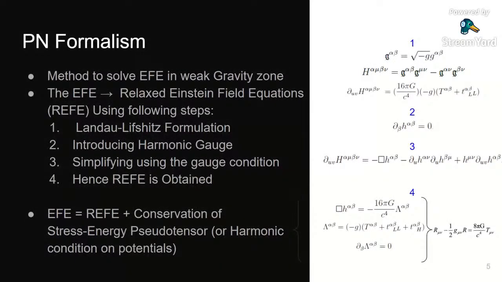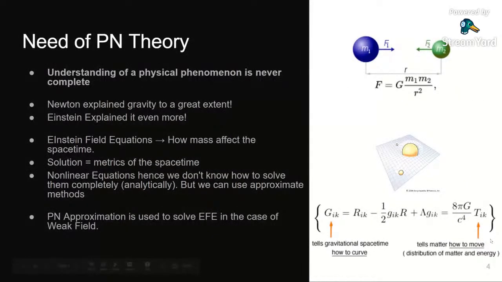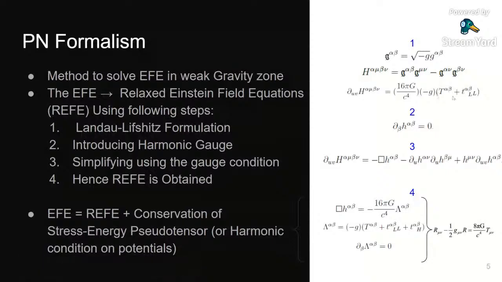It is observed that the double derivative of this term gives us something of this sort. And we observe that the stress energy tensor that was seen in the Einstein field equation is also present on the right hand side of this term.